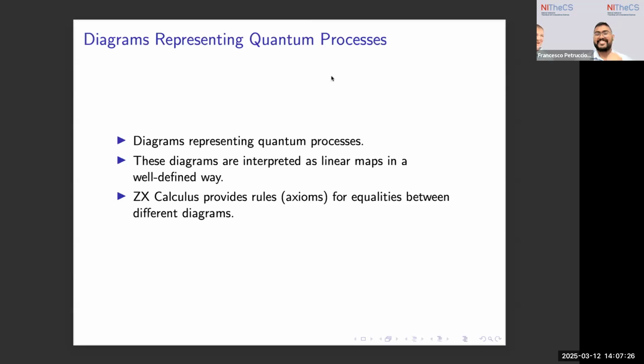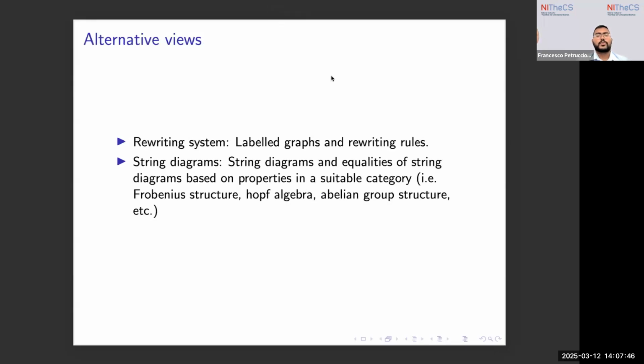Just to recap, ZX calculus is a diagrammatic way to represent quantum processes, and we may interpret these diagrams as linear maps in Hilbert spaces in a well-defined way. And the ZX calculus gives us rules or axioms for equalities between different diagrams. But there are alternate ways to look at this.